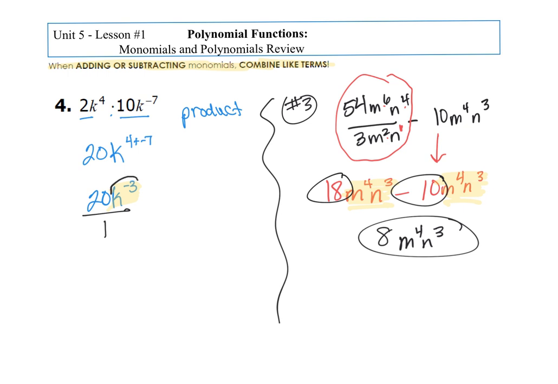Whatever the negative exponent is touching, that grouping has to go underneath the fraction bar. So what we get here is 20 stays in the top. It didn't have a negative exponent, over k to the now positive 3 power. Again, it wanted to be k to the negative 3 power, but it can only be k to the positive 3 in the denominator. And that's how we like it written better.